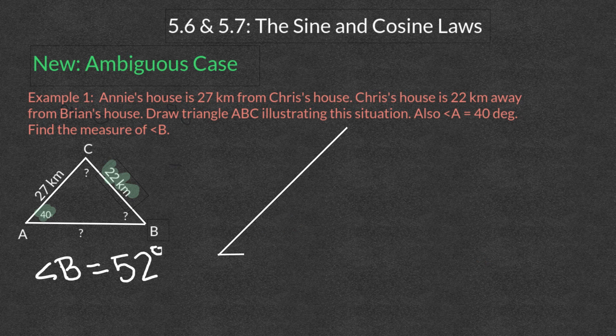Okay, so I'm just going to do a quick sketch of it here. If we were doing this in class, I would have everybody measuring to make sure the sides are the same. This AC side here is going to be my 27. My pen won't work. Just hang on a second.